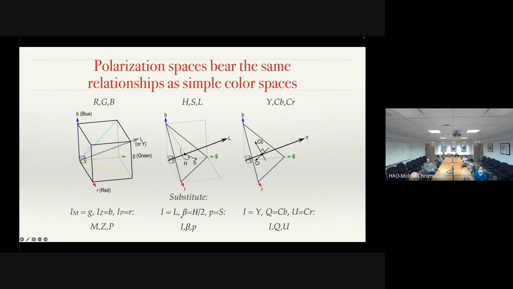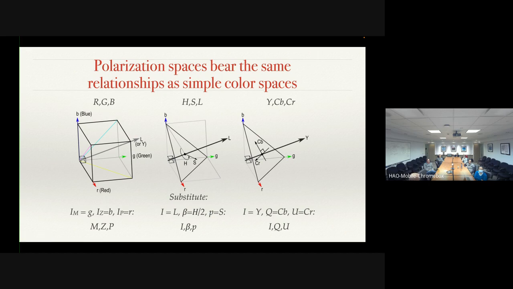If we substitute in beta as half the hue angle, relative polarization as saturation, and intensity as lightness, we get that grade school I, beta, P system. And of course, YCbCr turns out to be the Stokes coordinate system.